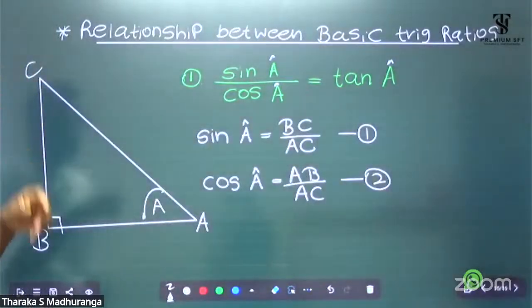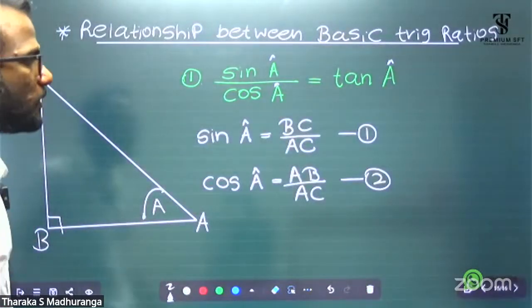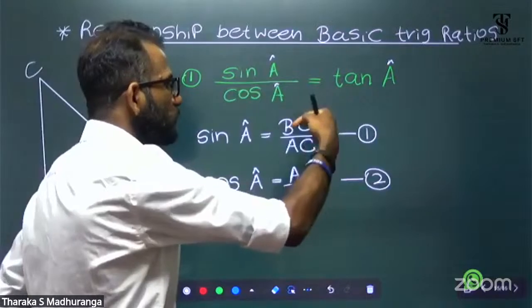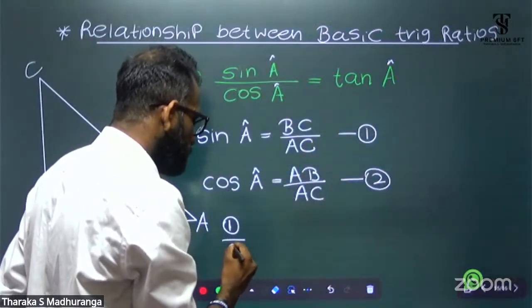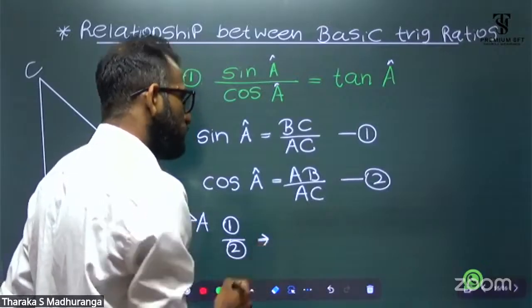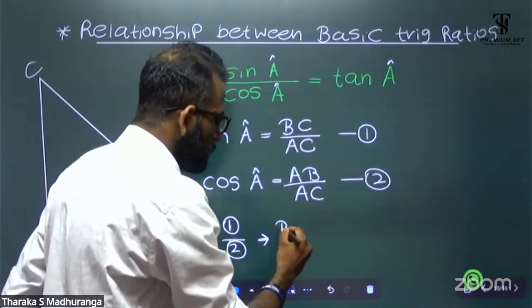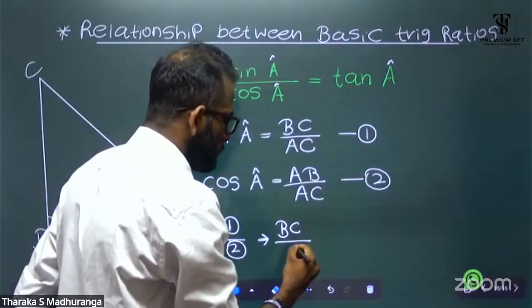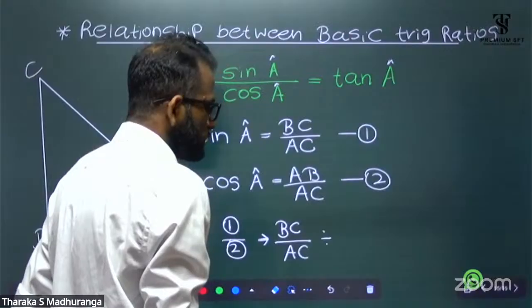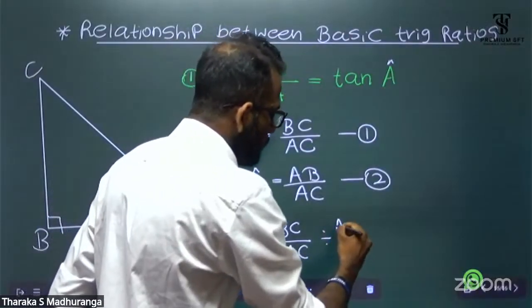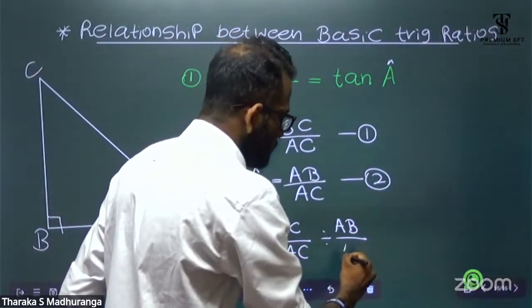If we divide these two, sine A divided by cos A means the first equation divided by the second equation. Then what is the answer? BC over AC divided by AB over AC.